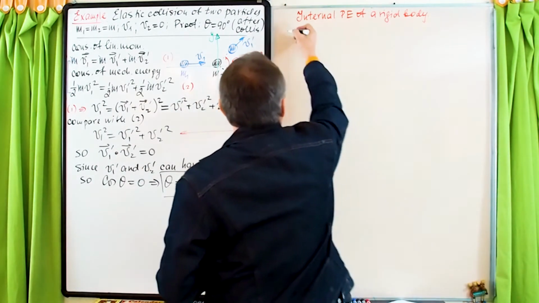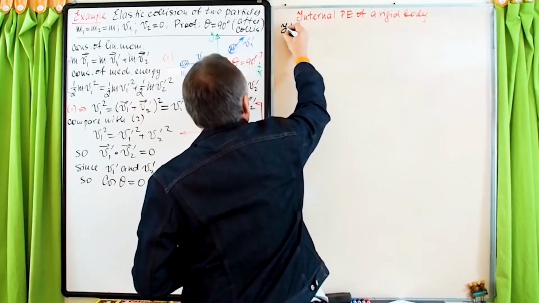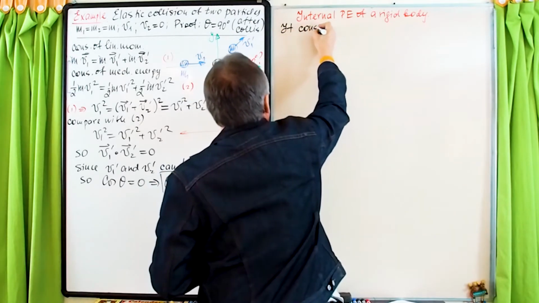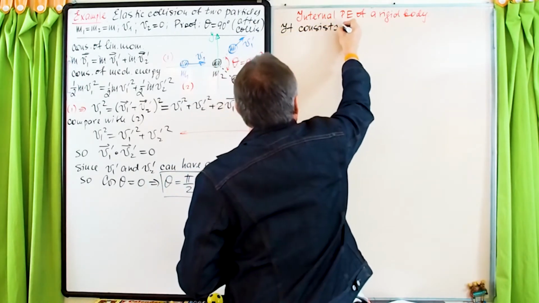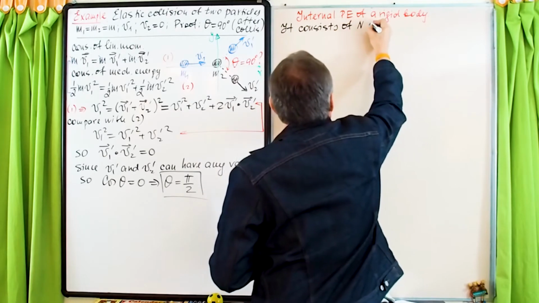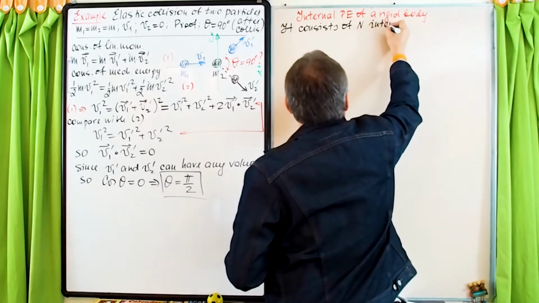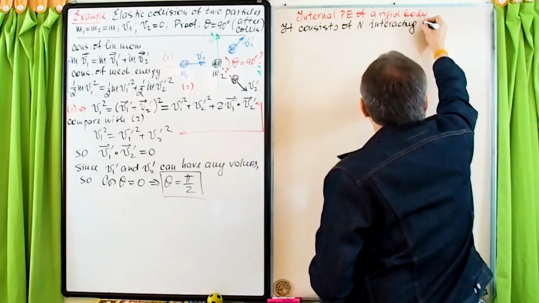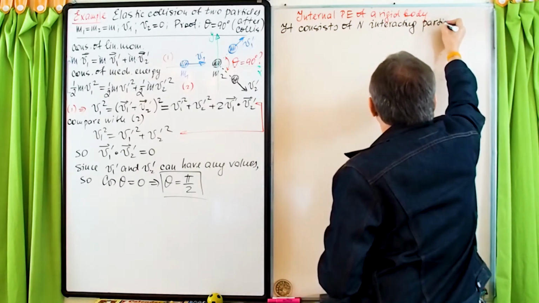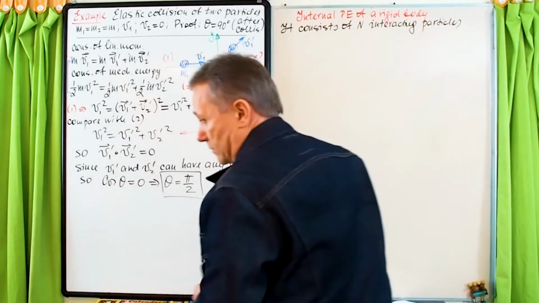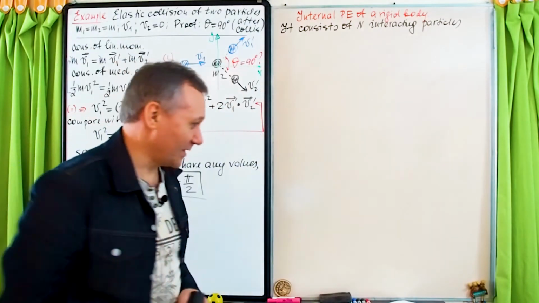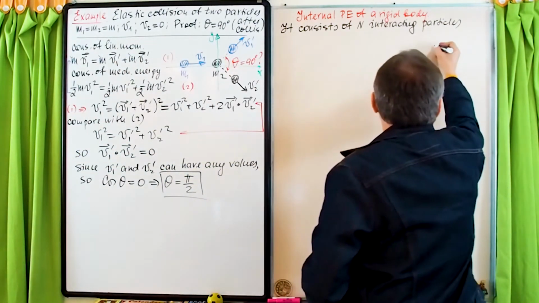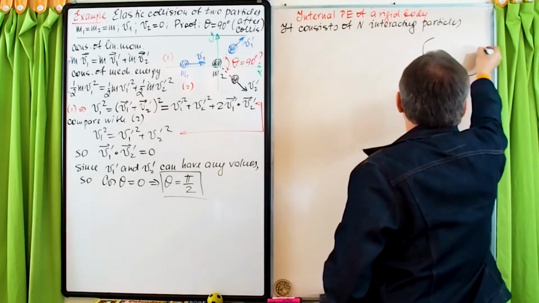Okay, so of course a rigid object consists of n interacting particles, and of course they are rigidly connected. That's why it is a rigid object. For example, I can draw some rigid object.